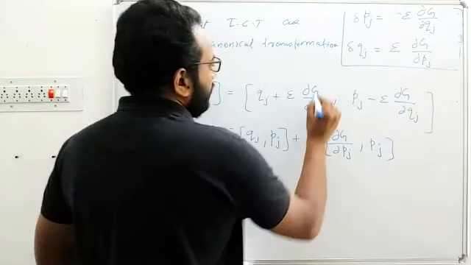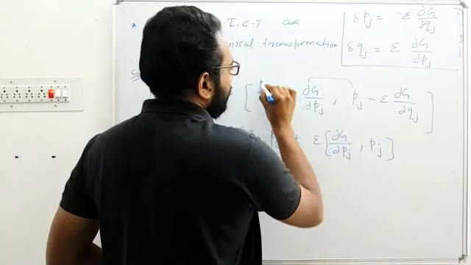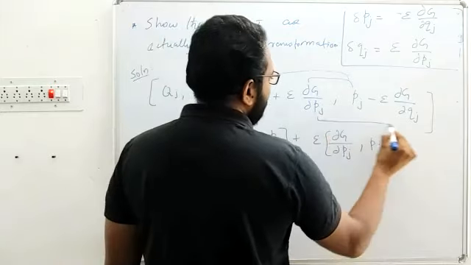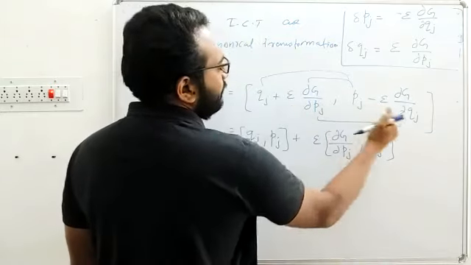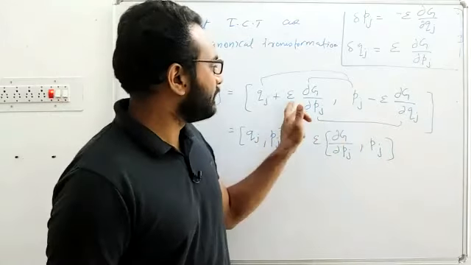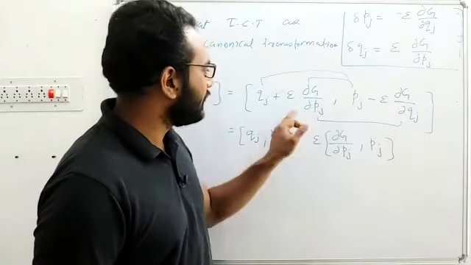First we took these two, now we take these. We also need to take this combination, but it involves an epsilon squared, so we neglect it.